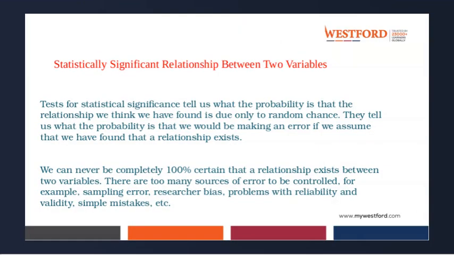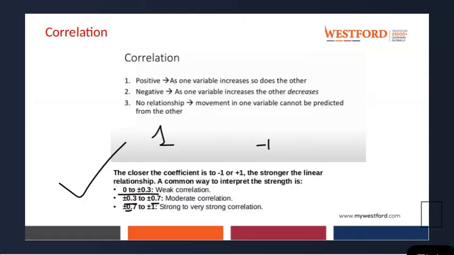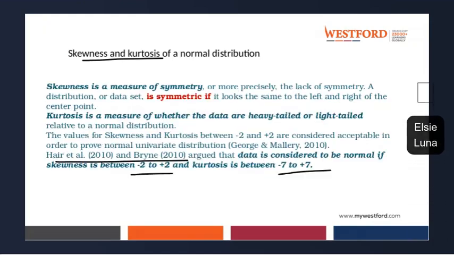Yes, yes, ma'am. So you can see here in kurtosis and skewness, it says skewness should be between -2 to 2 and kurtosis should be between -7 to +7. Now I come back to this. It is within the range.